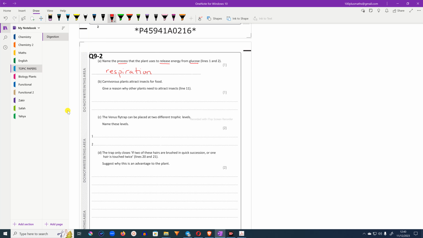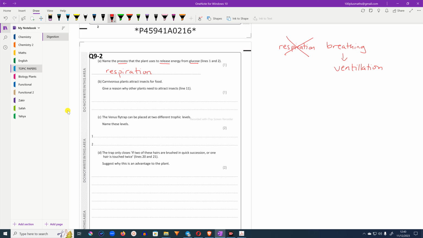Remember, respiration is not the same as breathing. Okay, that's a common mistake. Breathing is more to do with ventilation, where air moves in and out of the lungs. So remember that.